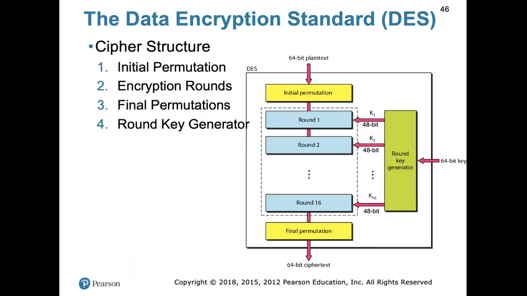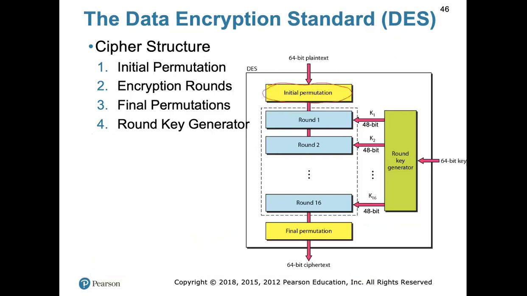Okay, here is the high-level block diagram of DES. It's pretty similar to that basic or abstract model that I just showed you. It has multiple blocks or multiple steps. We have something here which is called initial permutation.